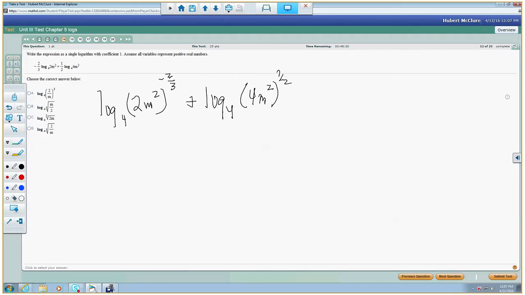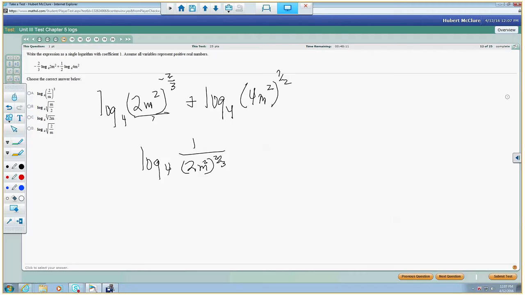And that's going to be log base 4. This is over 1. So I'm going to flip it. 1 over 2m squared to the 2/3.